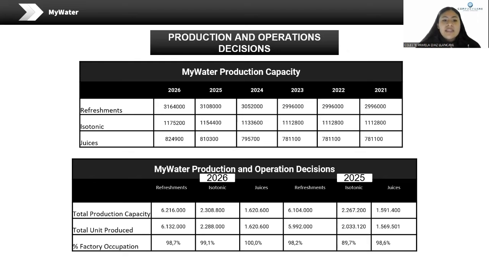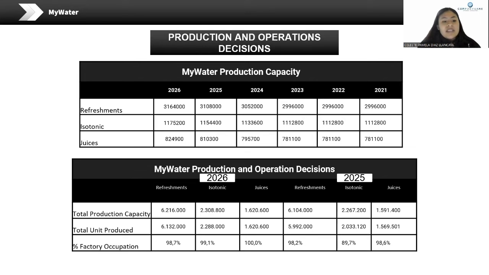As we can see, the production capacity was maintained in the years 2021, 2022, and 2023. It is from the year 2024 that this capacity increases in drinks, isotonics, and juices, following a growing trend between 2025 and 2026.